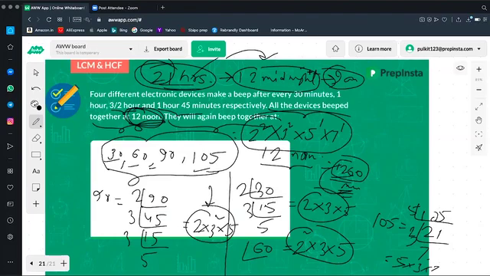See, Kiran, the LCM was 1260. Yes or no? Ram and Kiran. What do you mean by 1260 minutes? If I divide it by 60, it will give me 21 hours.